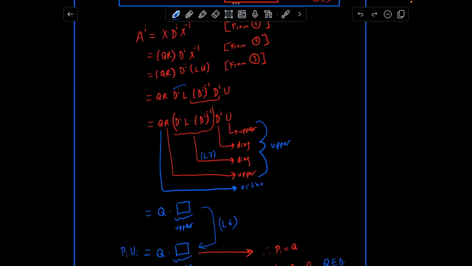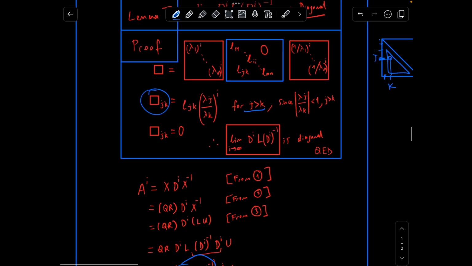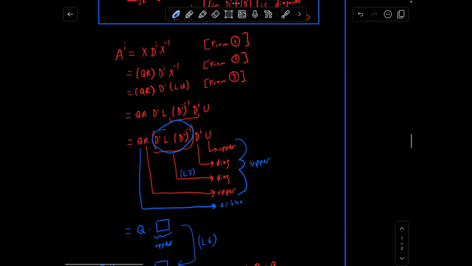But why does that matter? By considering these three terms, this was the term that we were interested in Lemma 7, and we claimed that it was diagonal as i goes to infinity.